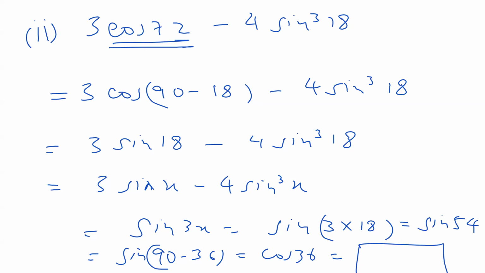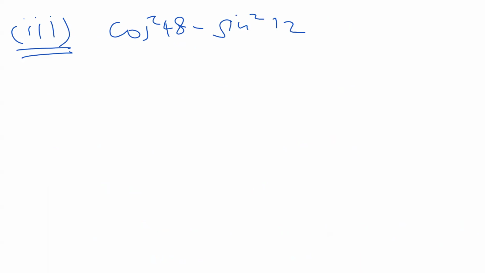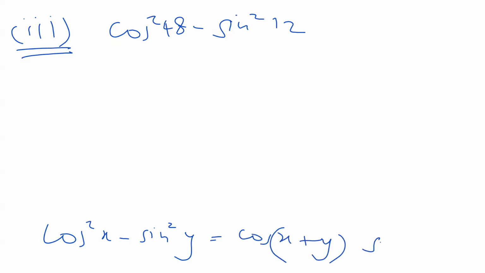Third one. Cos square 48 minus sin square 12. We have this formula: cos square x minus sin square y is equal to cos x plus y into cos x minus y.